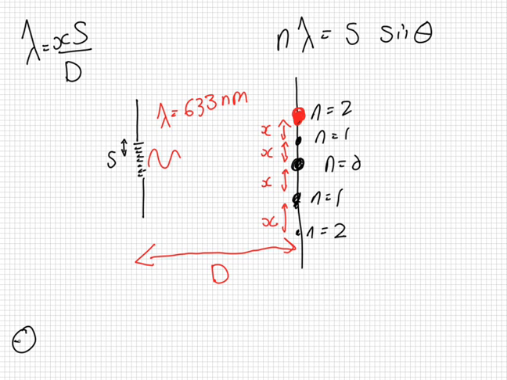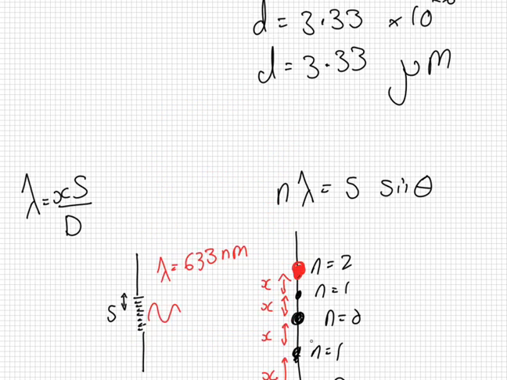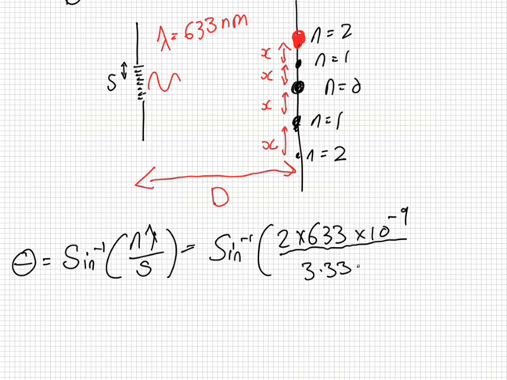So the question is, what is the angle? So really we have no choice, I guess. We have to use the second formula. So we can say theta equals sine inverse n lambda over s, which is sine inverse 2 times 633 times 10 to the minus 9 all over, what did I have for my S? 3.33 times 10 to the minus 6.